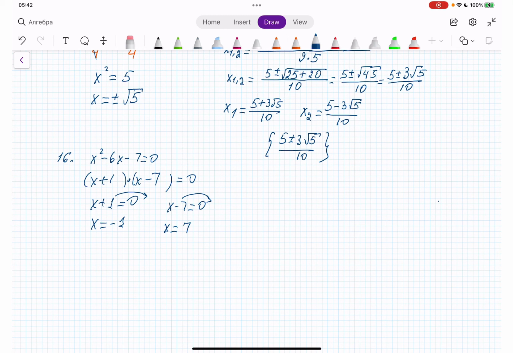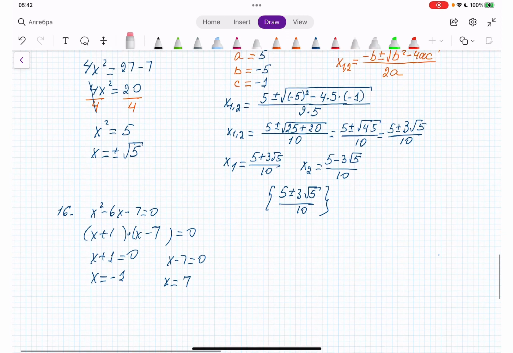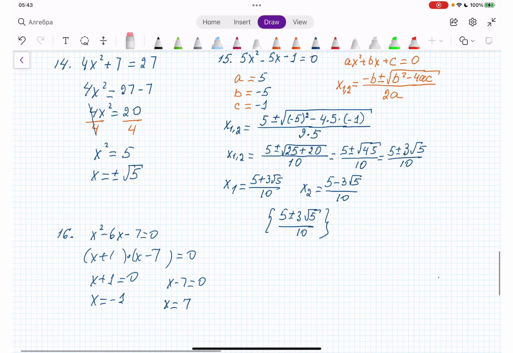Okay, now just in case you are asked how much is the discriminant, what is the discriminant? If we need to find the discriminant, this is how we're going to work. In the solution to question number 15, this expression under the square root is our discriminant. Shortly saying, let me write down the discriminant with letter D is equal b squared minus 4ac, which means this entire expression under the square root is our discriminant.